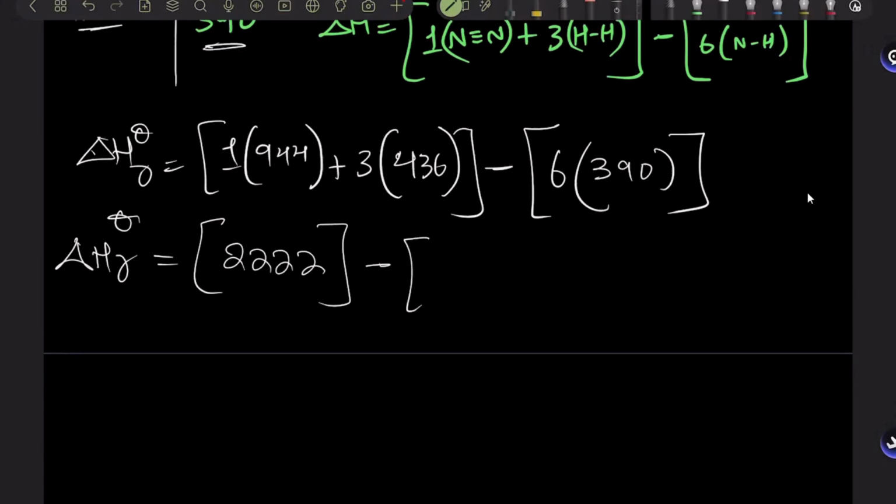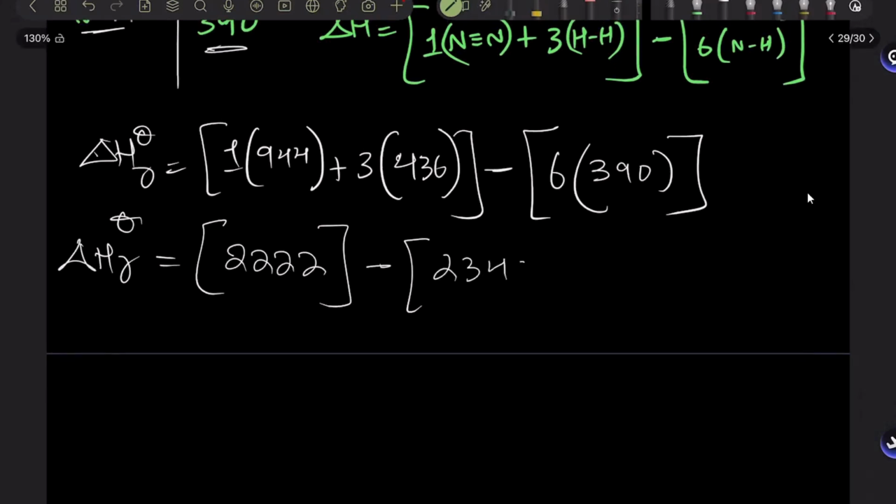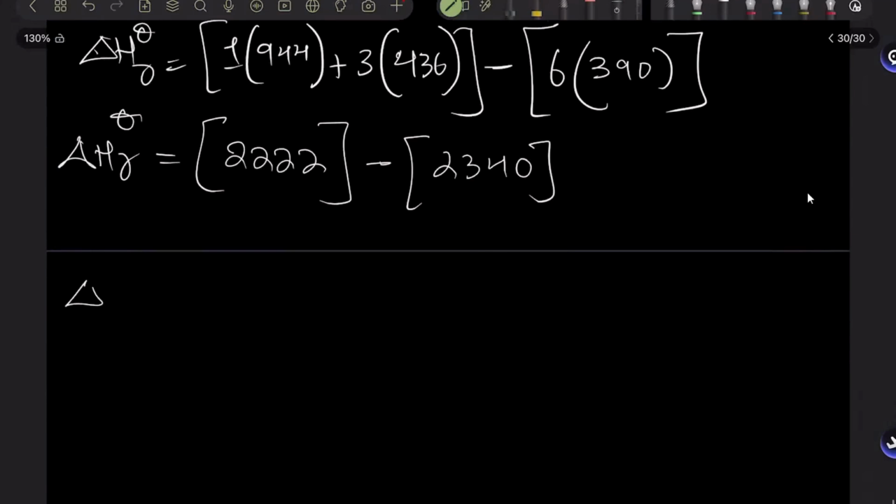Minus 6 times 390, that's 2340. So delta H naught of reaction would be equal to negative 88? No, negative 118? Yes, 118. So negative 118 kilojoules per mole.